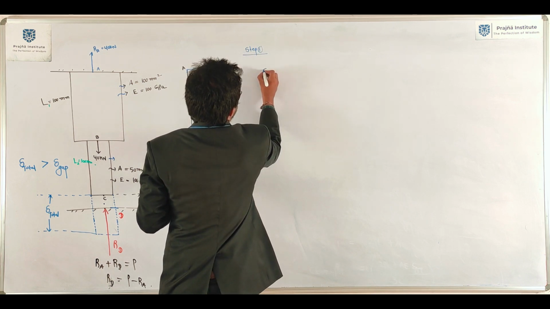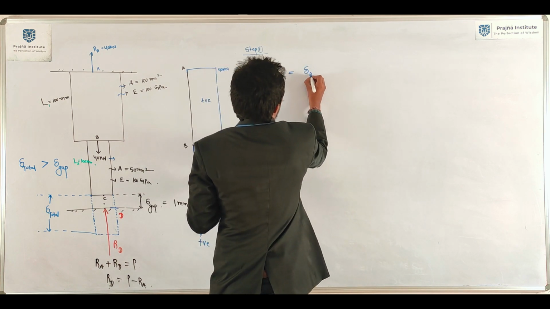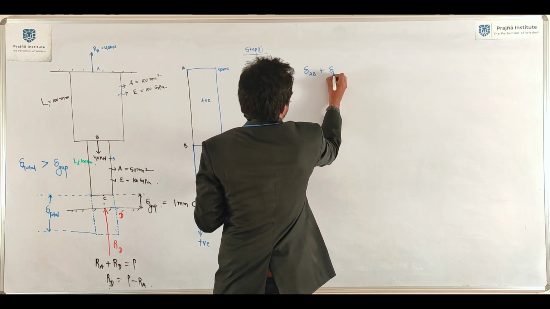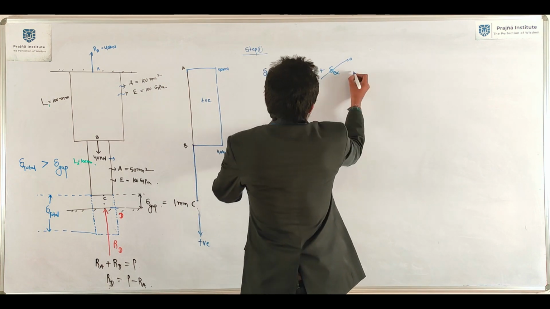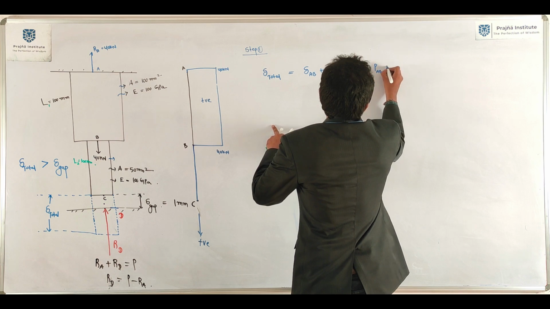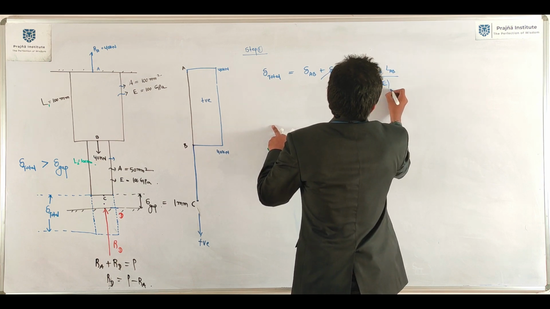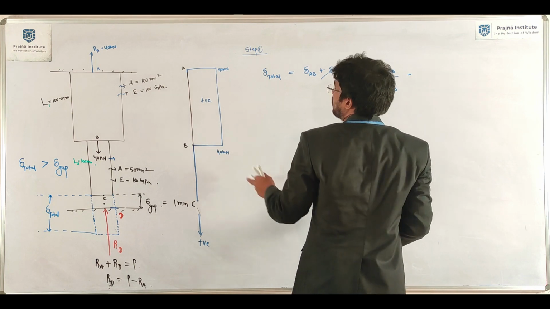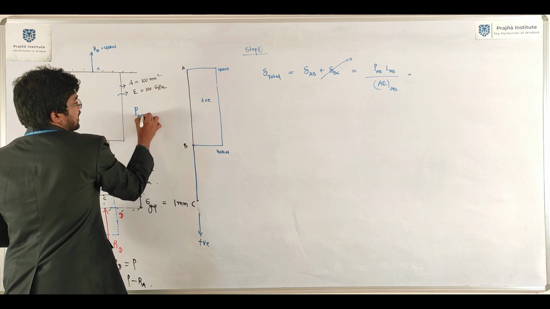As step 1, first determine delta total. What is delta total? Delta AB plus delta BC. Here it is 0. Now delta AB is P AB L AB by AE. What is the load acting in the member AB?